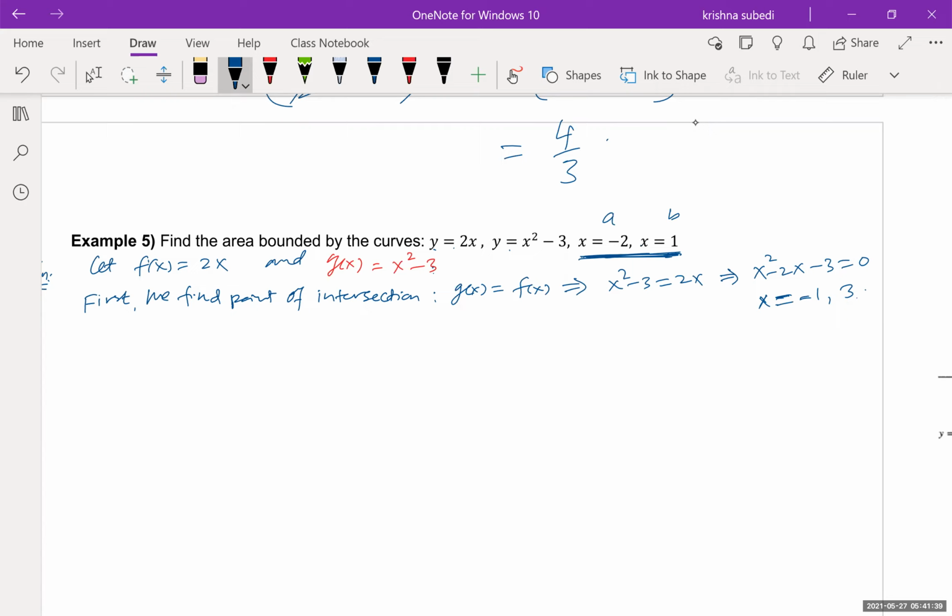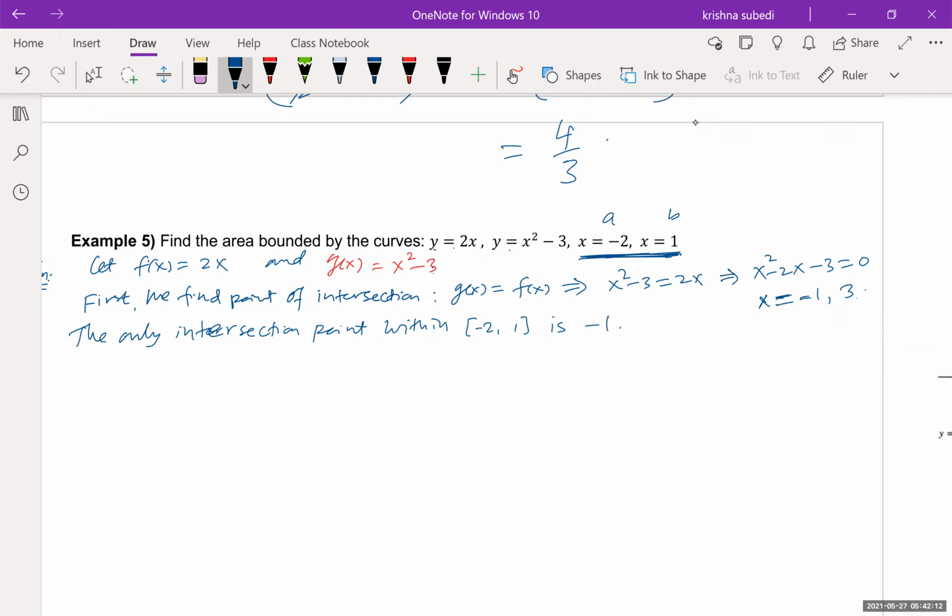Okay, so the only intersection point within the interval -2 and 1 is -1.